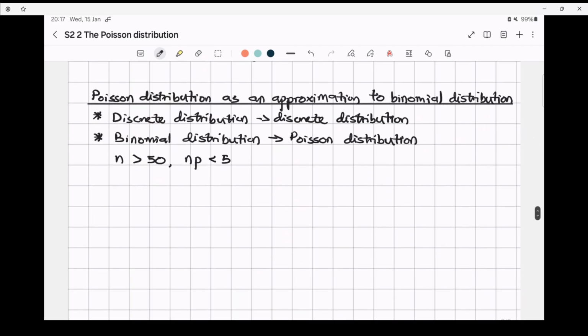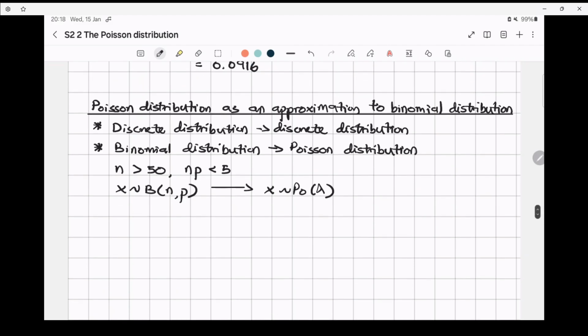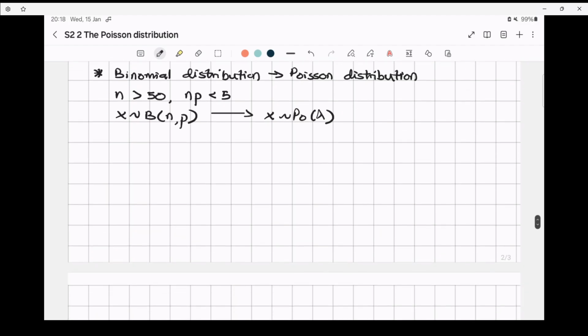So now let's look at how we can do it. On the left side, we have X binomially distributed by n and p. You want to approximate it using Poisson. Of course, the first condition that you need to satisfy, if you want this to be valid, is that your E(X) has to be the same as lambda.